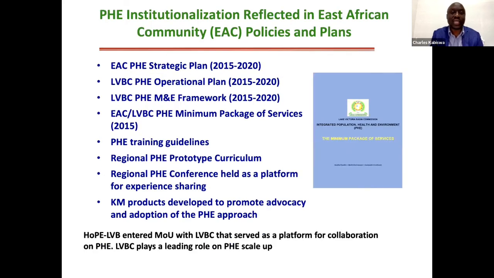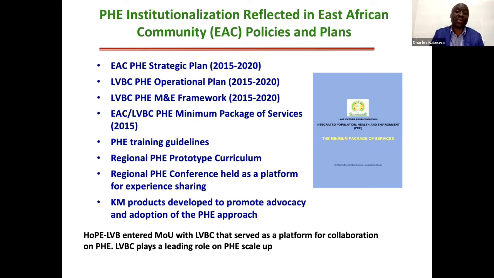Remember, I told you that we targeted the East African Community, and under the Lake Victoria Basin Commission, we, as the project and the stakeholders, entered an MOU. The MOU is the Memorandum of Understanding with the Lake Victoria Basin that served as a platform for collaboration on the PHE model. So right now, the Lake Victoria Basin Commission plays a leading role on the PHE scale-up within Rwanda, Uganda, Kenya, Tanzania, and Burundi.